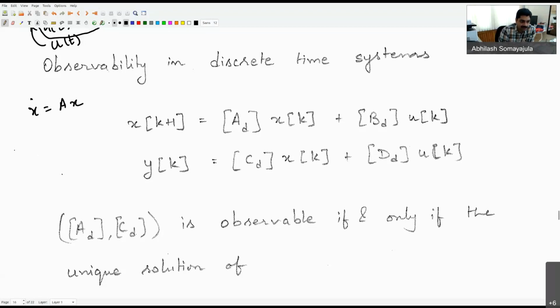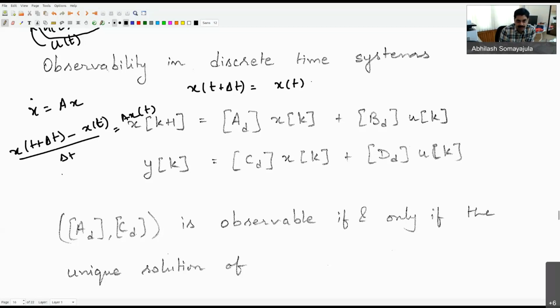And if I used a forward difference, x of t plus delta t minus x of t divided by delta t is equal to a times x, then x of t plus delta t will be given by 1 plus a times delta t, times x of t.